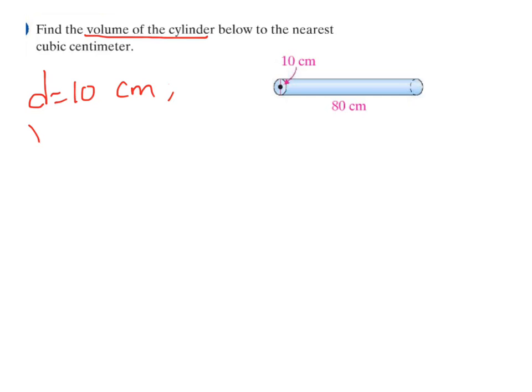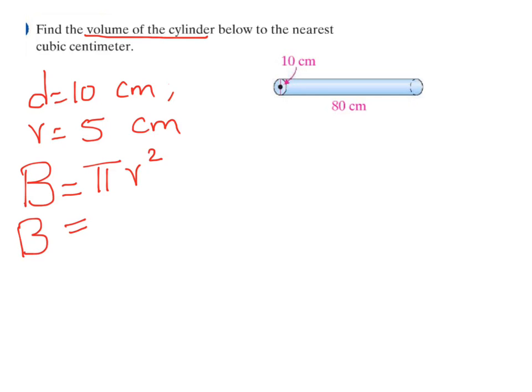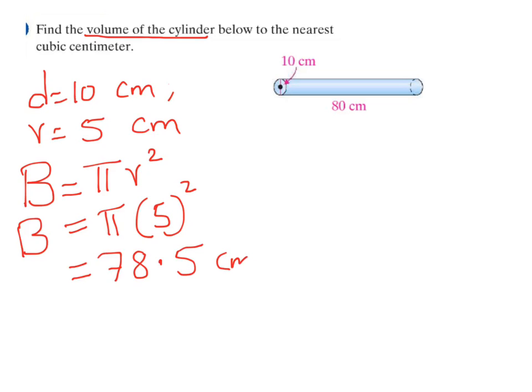So the radius is going to be 5 centimeters, half of the diameter. And the area of the base is a circle in a cylinder. So the area of the circle is pi r squared. So the area of the base is going to be pi times 5 squared, which is going to be equal to 78.5 centimeter square.